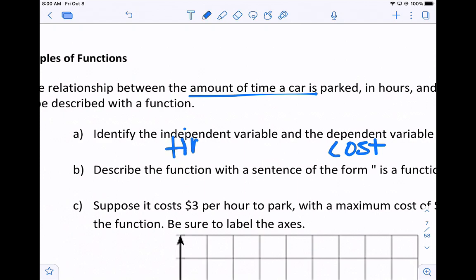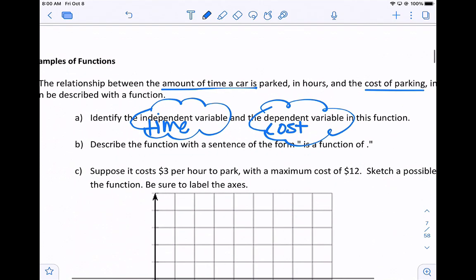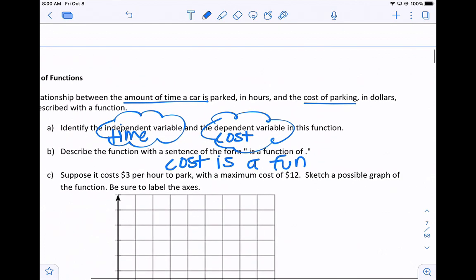So the independent is time, which usually time is independent, not always, but usually. And the dependent variable is cost. Cost depends on time. Describe the function with a sentence: "is a function of." Okay, so we can say cost is a function of time.